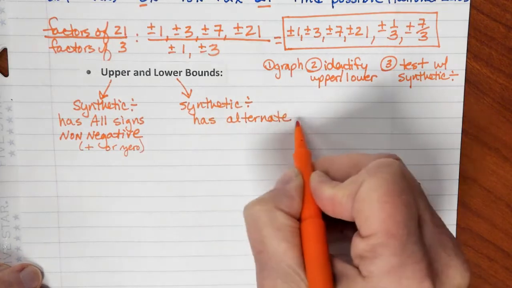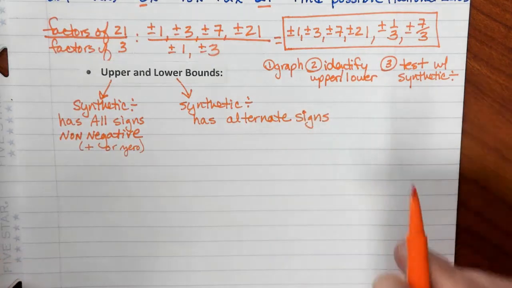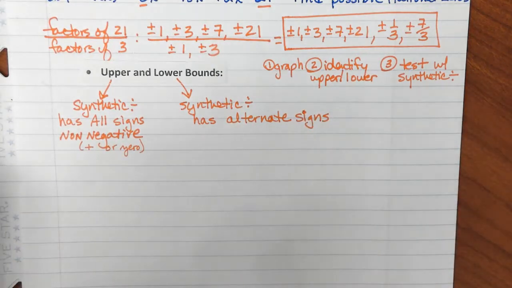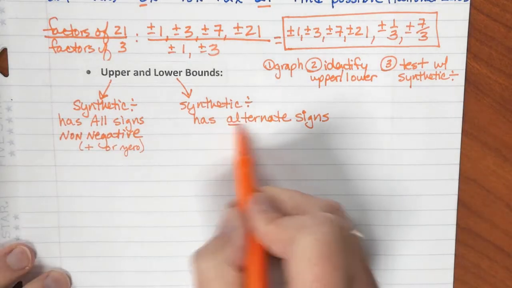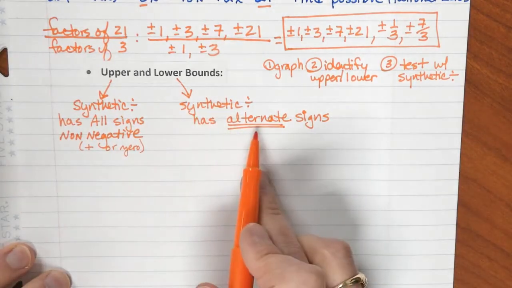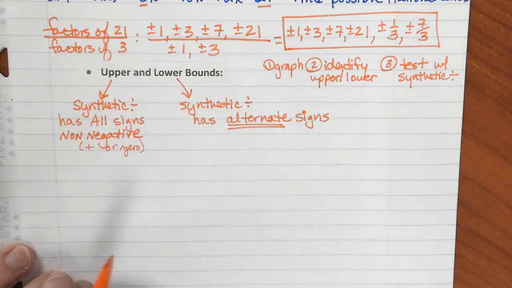What I mean by that is the first value is positive, then the second one's negative, then the next one's positive, then negative, positive, negative. They alternate. Or it could start with a negative and then be positive, negative, positive, negative, positive. They alternate. So you need to remember that the lower bound needs to alternate. The upper bound needs to all be positive or 0.